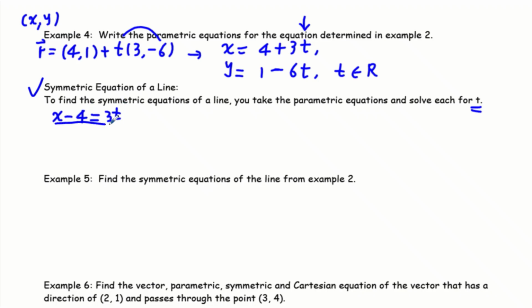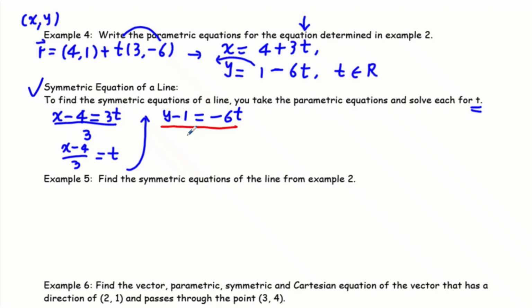Then bring the 3 to the other side, and we have t equals (x minus 4) over 3. Then continue for y. Move the 1 to the other side, which is the opposite operation. Then move the negative 6 to the other side, and the opposite operation is division. So we have t equals (y minus 1) over negative 6.